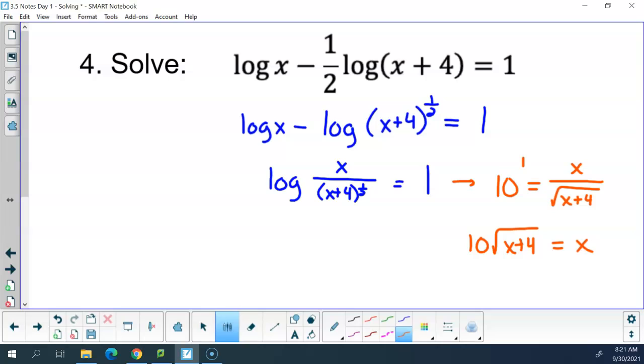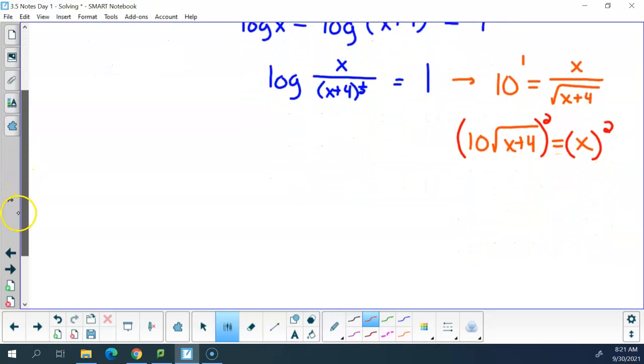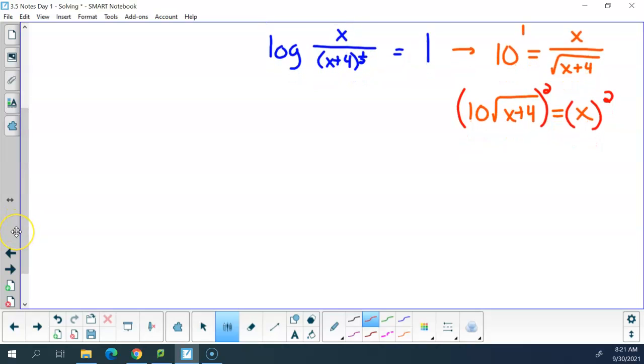Square both sides? We can do that, right? Okay, let's do that. That gets rid of the square root. Left side squared, 10 squared is 100.